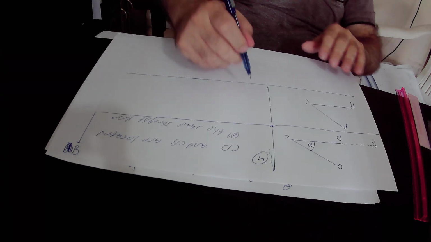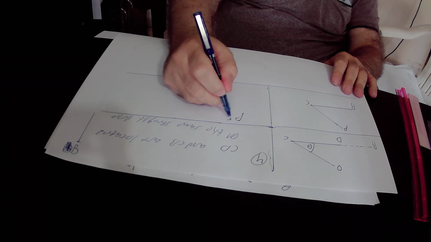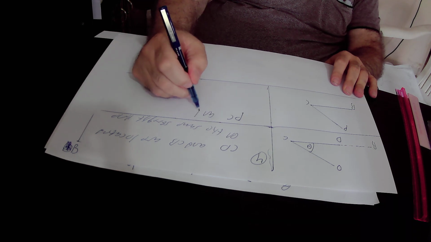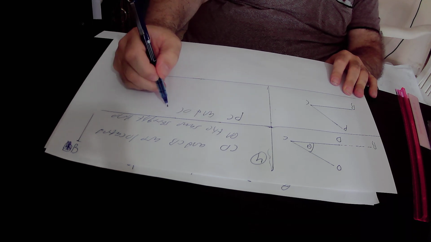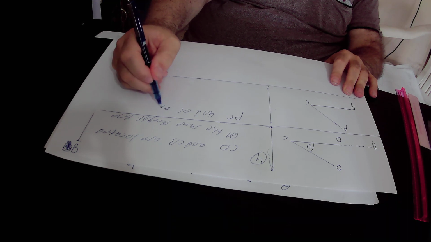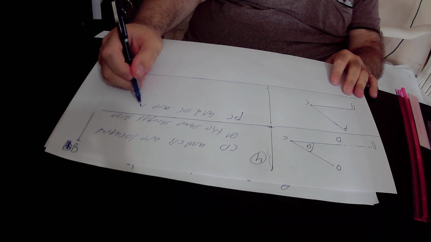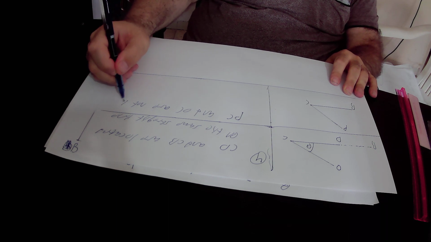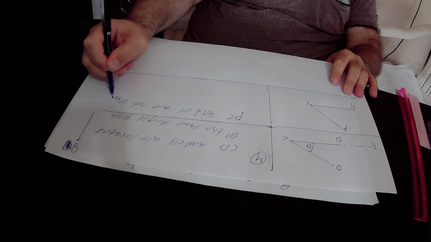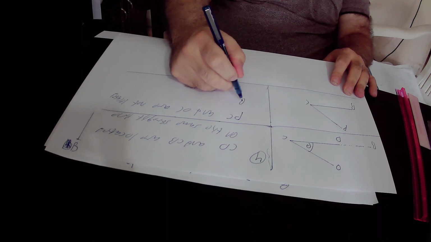So we can write down that PC and OC, both those two legs, are not located on the same straight line.